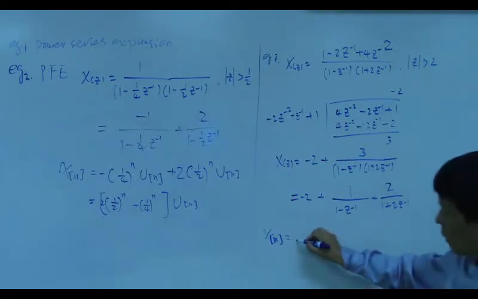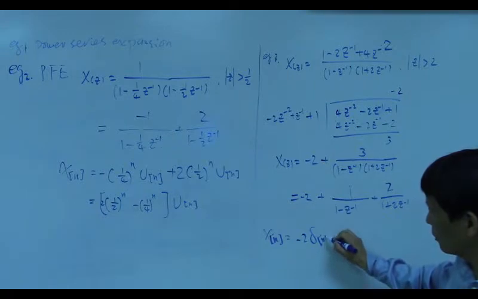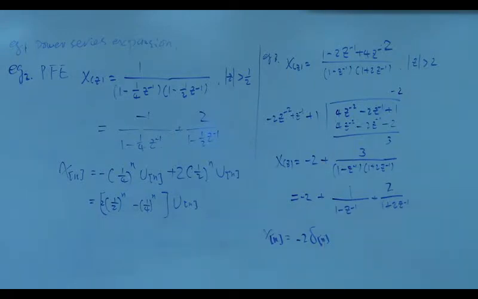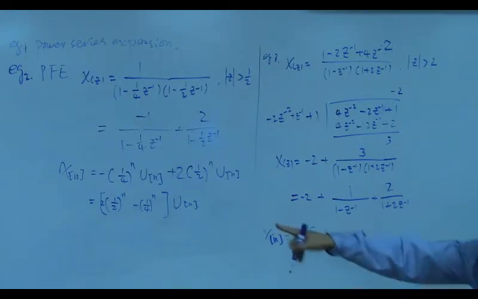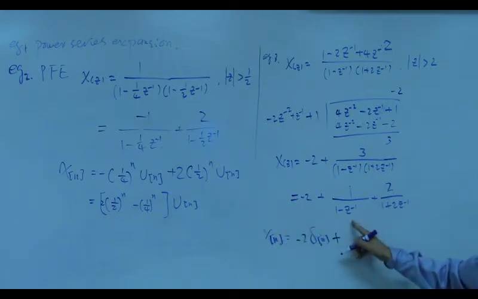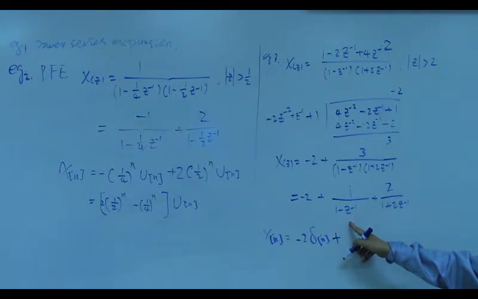Is this negative 2 delta n? Because delta n gives us 1. So there's a negative 2 coefficient before that, right? And this one plus, right, look at that. This is u[n], right? Is this u[n]? Yeah. Okay, this is u[n].